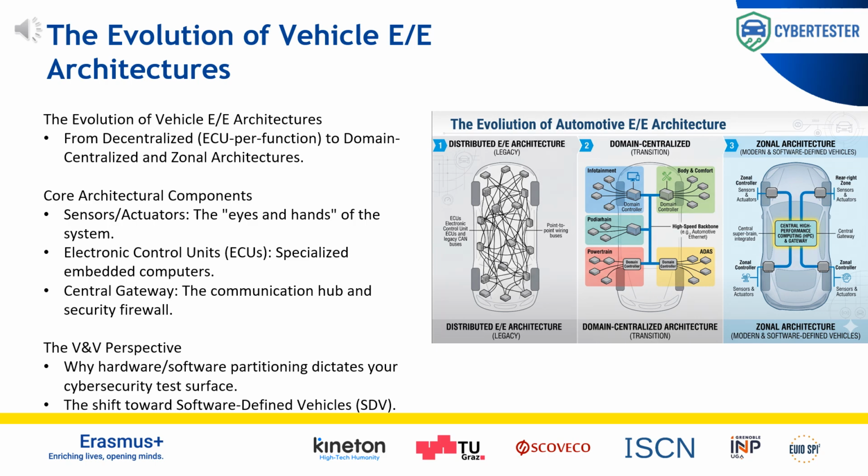The core architecture components in all these architectures remain. It's the sensorics and actuatorics, the interfaces to the system and the physical world. The ECUs, specialized embedded systems for automotive applications, often with hard real-time constraints. The gateways, communication hubs, doorkeepers for security and isolation of separated sectors.